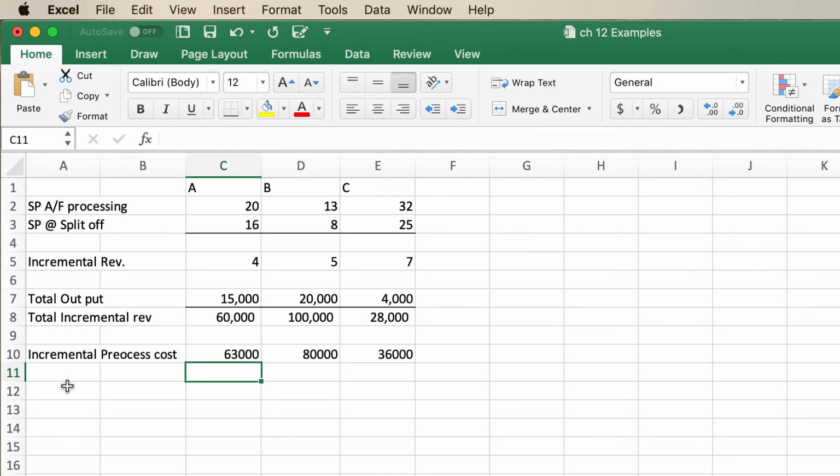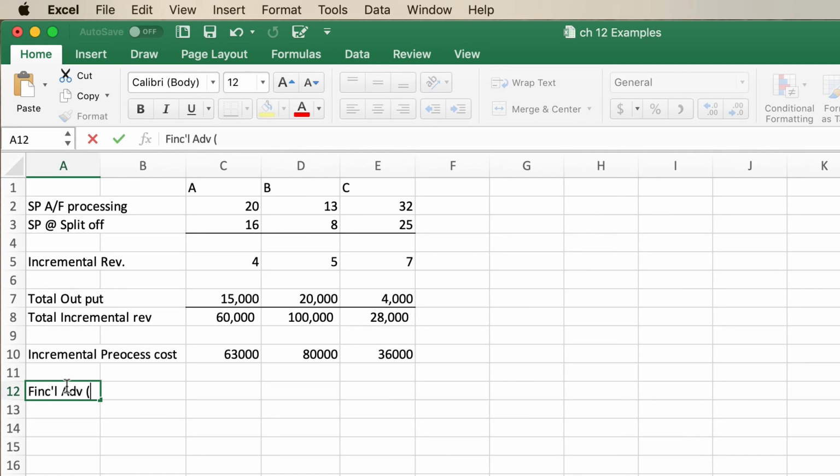If we then subtract the total incremental processing cost from the total incremental revenue, we're going to see if there's a financial advantage or disadvantage.